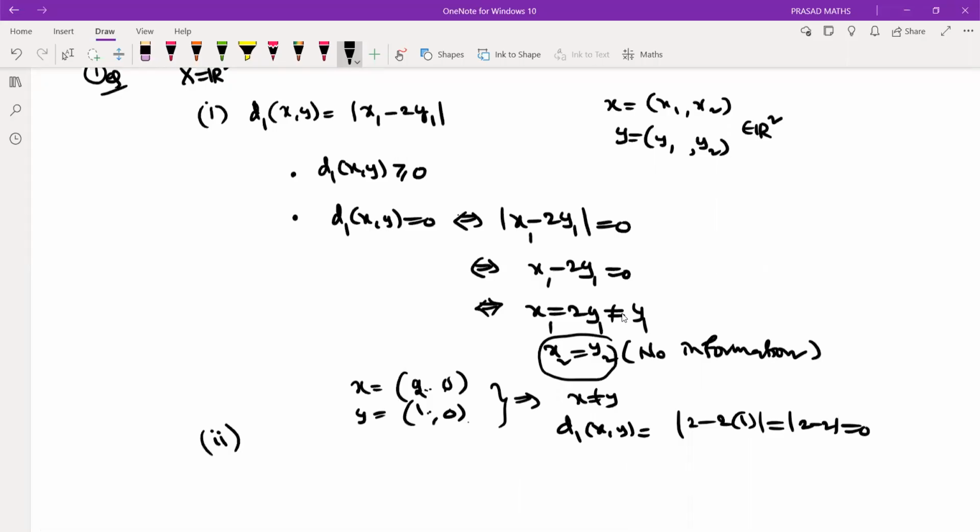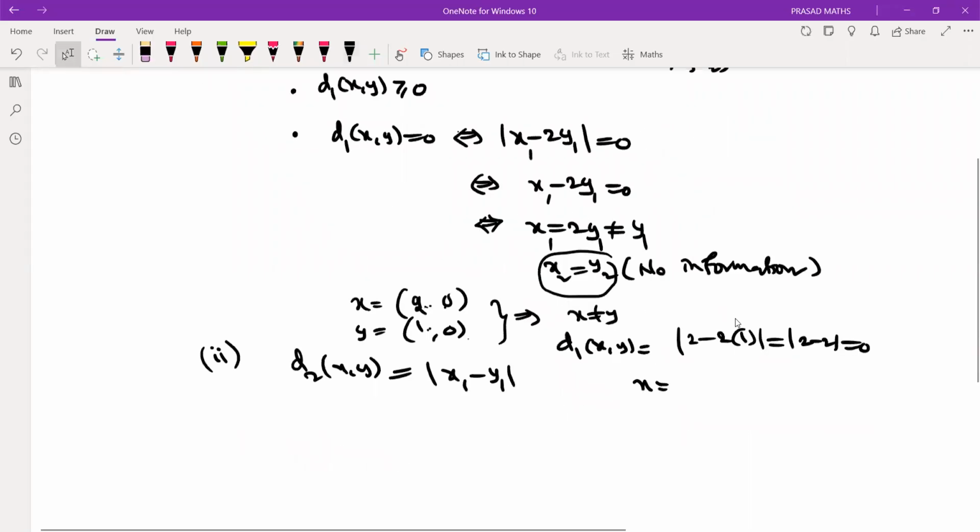Suppose you take this idea, d2(x, y) equals only |x1 minus y1|. Is it a metric? Here x is (x1, x2) and y is (y1, y2).